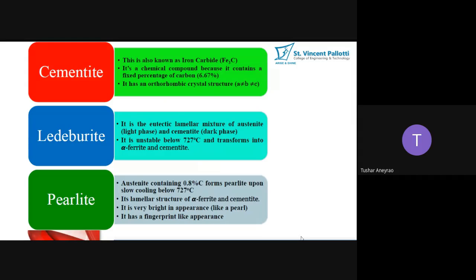This thing we will see in the diagram. Then pearlite is austenite with 0.8% carbon, which decomposes, or we can say it forms alpha ferrite and a lamellar structure of alpha ferrite and cementite, which is called pearlite, right?